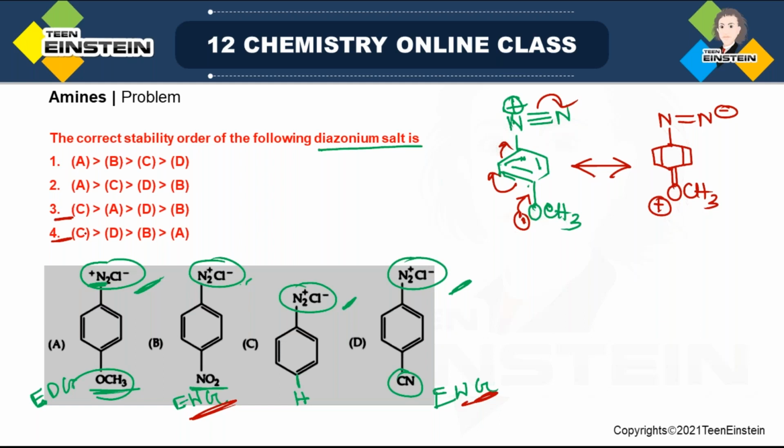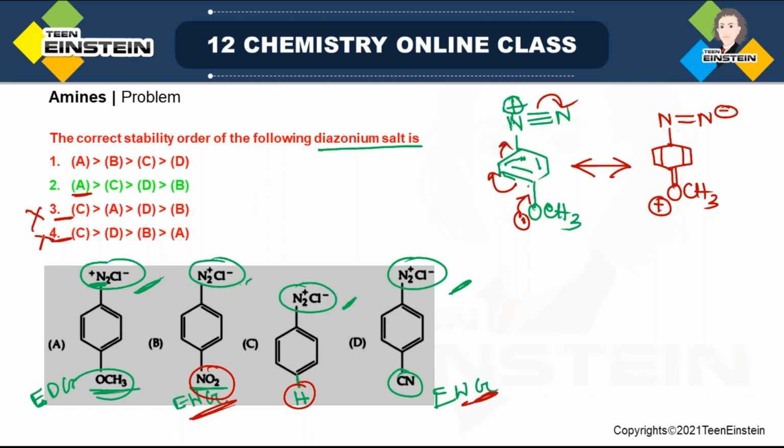That we have to check. Obviously the NO2 group is electron withdrawing, but H is not electron withdrawing. So after A, we can expect it should be C. Once you reach this logic, you can easily eliminate option 1, and that is why this should be the correct option.